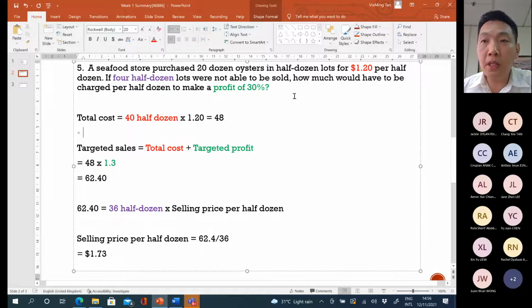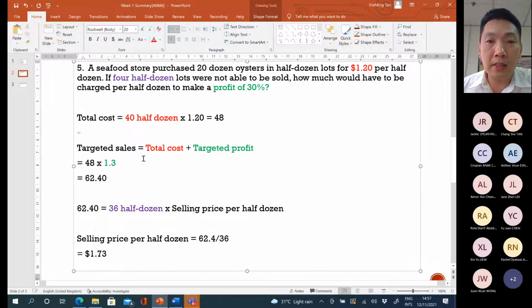So how much would have to be charged per dozen to make a profit of 30%? This is the targeted margin that would like to be achieved by the seafood store. From this last sentence, we can try to calculate the targeted sales first.